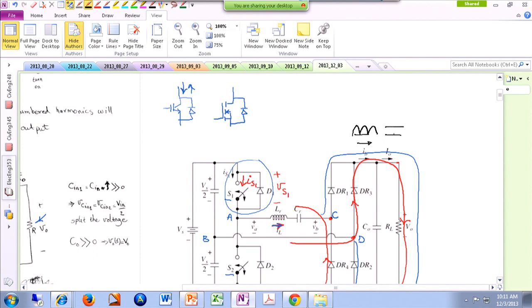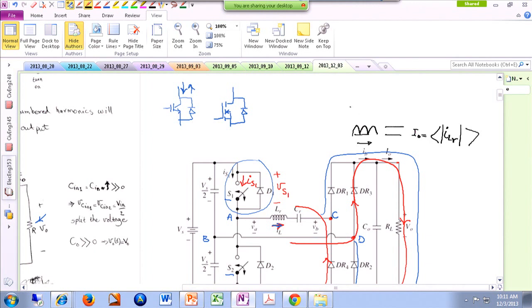So I'm saying Iout is the average value of the rectified version of ILR. Rectification means getting the absolute value of the signal, and then you take the average value of that.